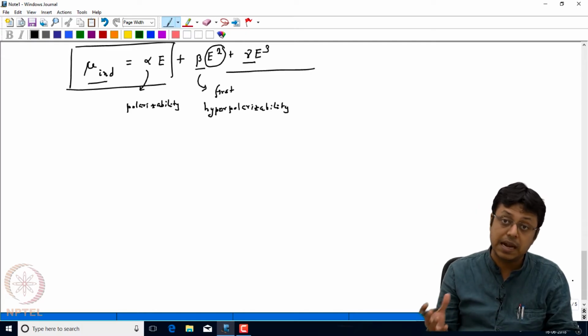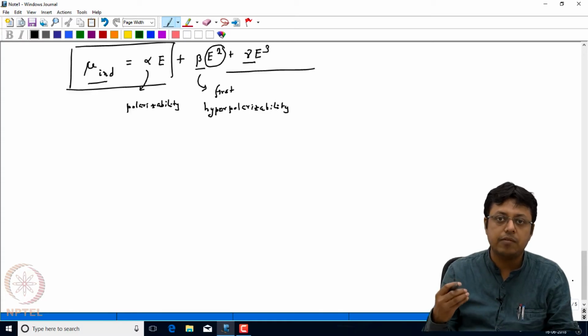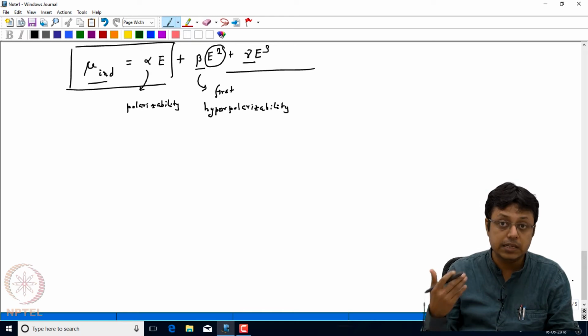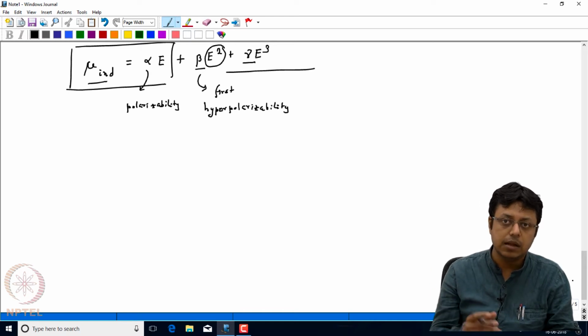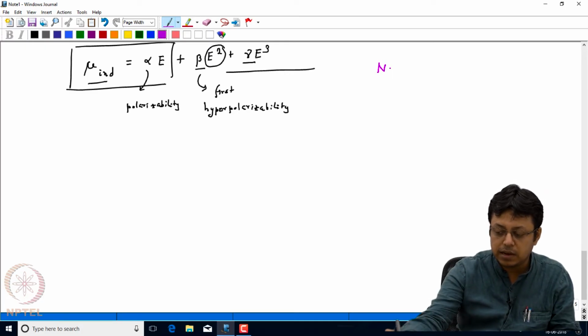We do not consider the magnetic field of the light in general, and there we can have a very intense light source. For example, if we use lasers and focus them very tightly, then the electric field at the focus will be very high, and then all these higher order terms which depend on E square and E cube will be non-negligible, and then we have to consider those terms, and that gives rise to an entirely new field, which is extremely fascinating, known as nonlinear optics.